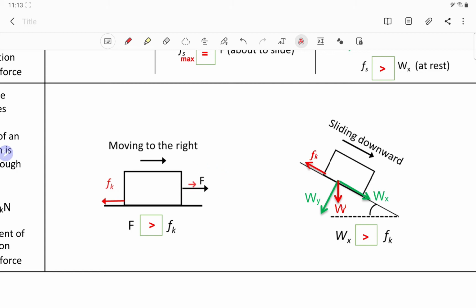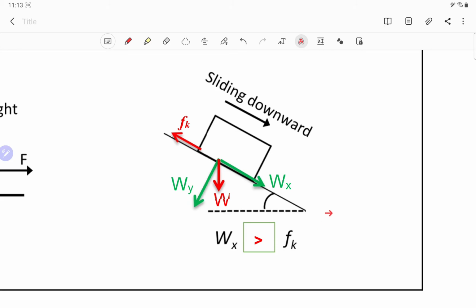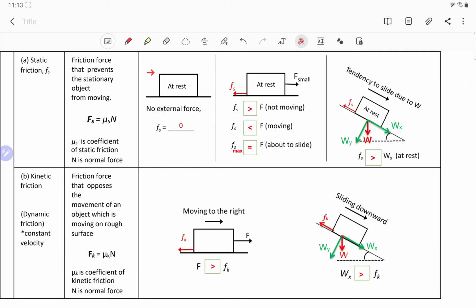When we apply a force, okay, this force is greater than Fk, dia akan bergerak. Walaupun objek ni bergerak, tapi dia masih ada lagi geseran. Okay, so this is what we call as kinetic friction. Okay, so in the case when the object is sliding down, objek tu dia tengah bergerak turun bawah. Okay, so di sini kita kata Wx is greater than the Fk. Okay, so the conclusion is that when the object is at rest, dia ada geseran statik. Okay, dan apabila objek itu bergerak, dia ada geseran kinetik.